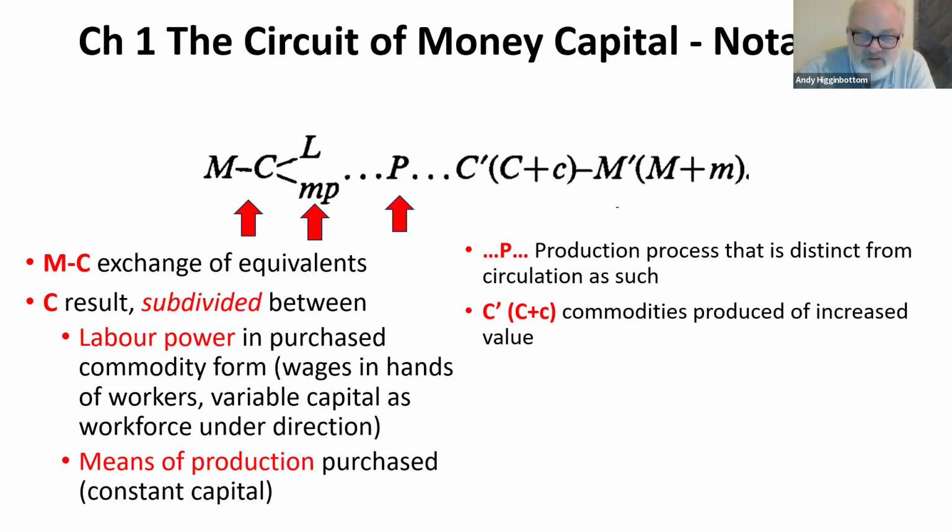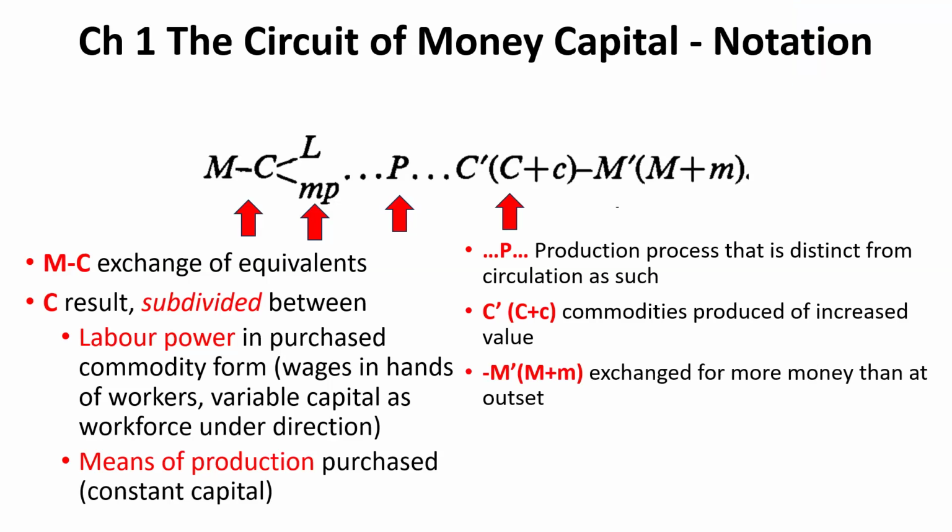But what comes out of the production process is, again, commodities. And these commodities are denoted with a C prime.